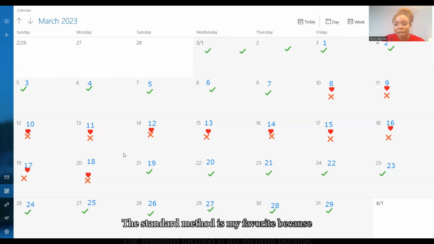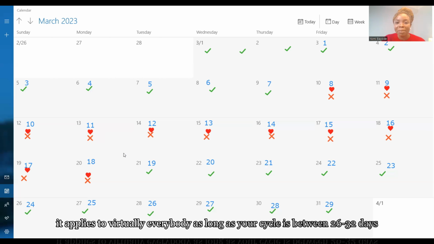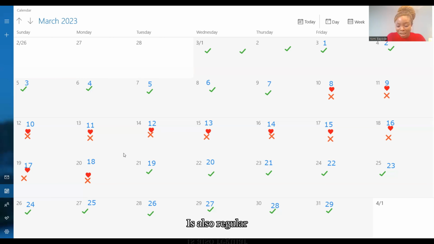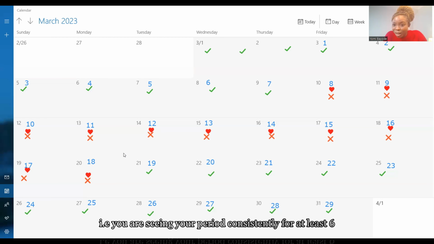The standard day method is my favorite because it applies to virtually everybody. As long as your cycle is between 26 to 32 days, then the standard day method is definitely appropriate for you. And as long as your period is also regular, that means you are seeing your period consistently for at least 6 months.